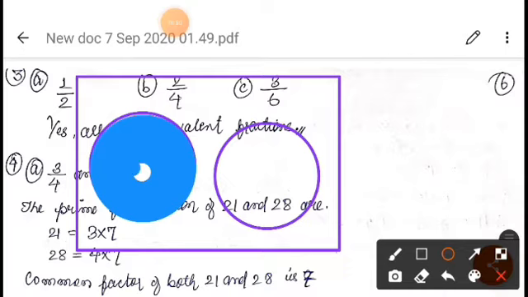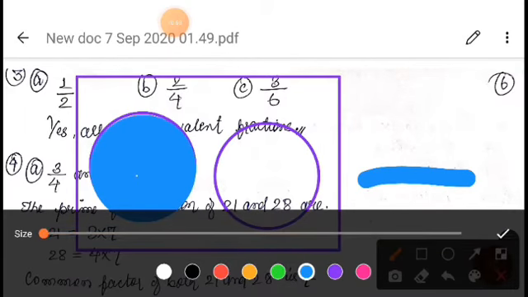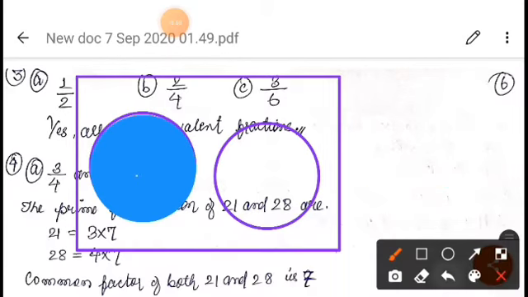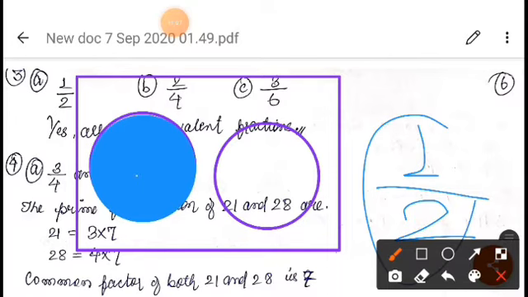So as a whole, there are 2 parts, so in the denominator we can write 2, okay? And how many parts are shaded? Only one part, so we can write 1 by 2, right? I hope you have understood this.